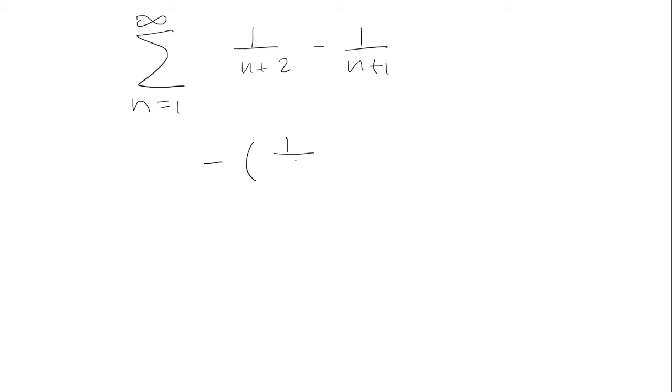Okay, now what happens in the second case when the first number is smaller? Well, you can convert this as, well, I can factor out the negative, and I'll have 1 over n plus 1 minus 1 over n plus 2.